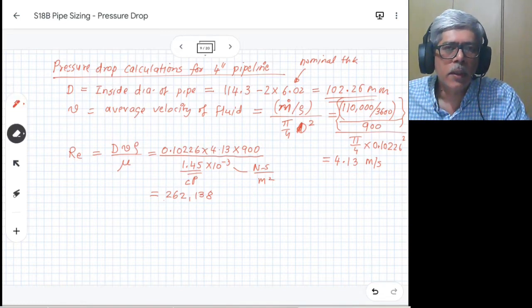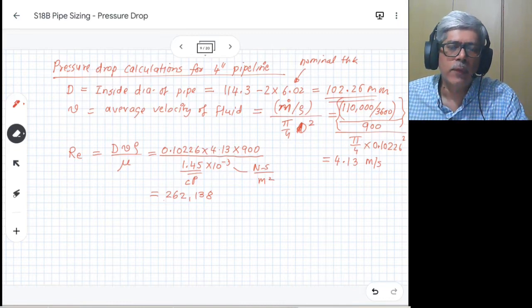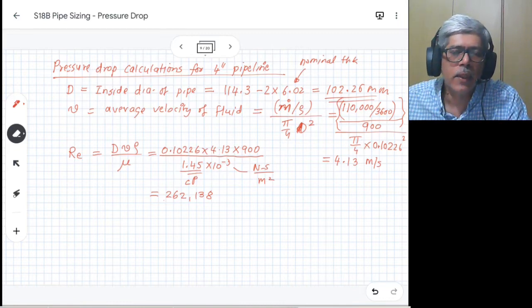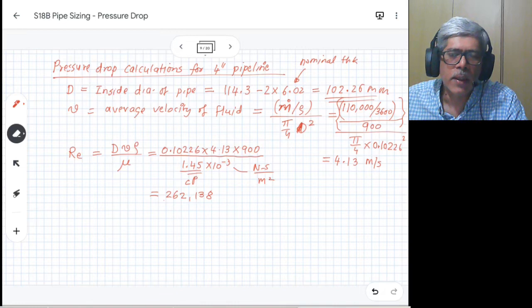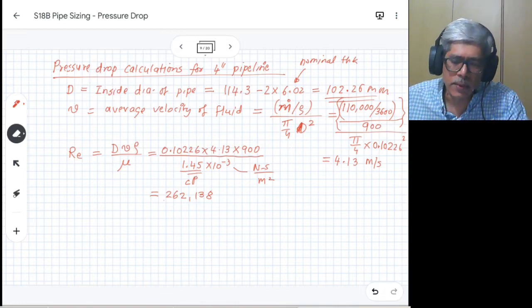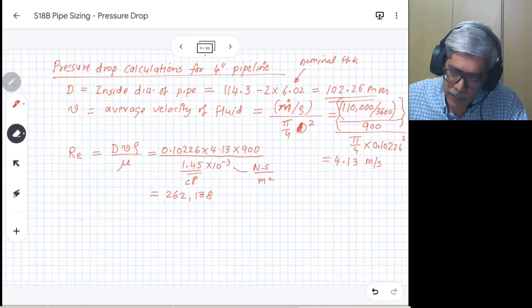Now we'll be using the Colebrook-White equation in order to calculate the friction factor. Since it is a non-linear equation, we have to solve it iteratively, and to do iterations we require some seed value to proceed. The seed value you can assume randomly, but there is another equation known as the Blasius equation which can be used to start the iteration.